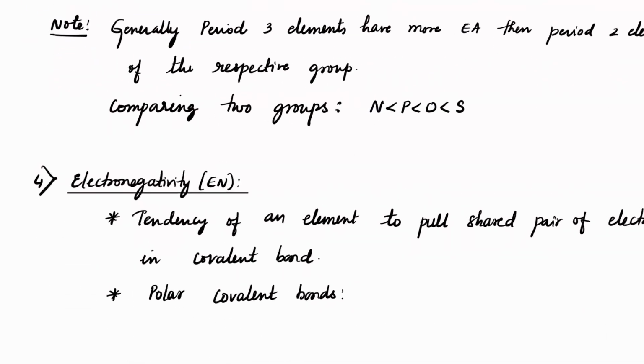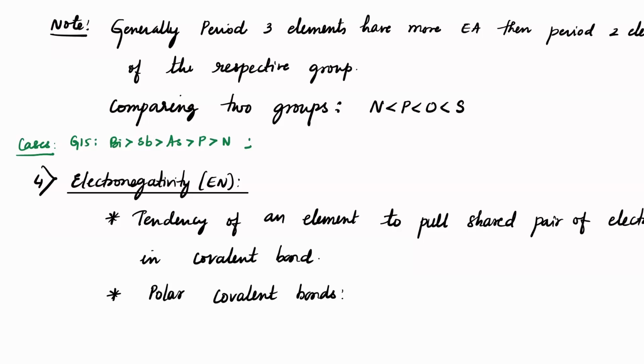When it comes to group 15, it is bismuth which will release more energy than antimony, arsenic, phosphorus, and nitrogen.